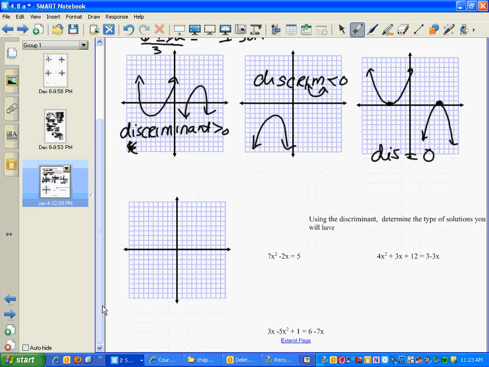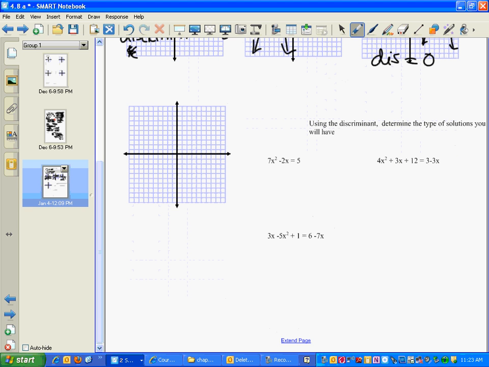Okay, so let's figure out what the discriminant is. So, again, I can't figure it out unless it's set equal to? All right, so 7x squared minus 2x minus 5 equals 0. I'm looking at b squared minus 4ac. That's all I want. I'm not asking you to solve. I want to know what the discriminant is.